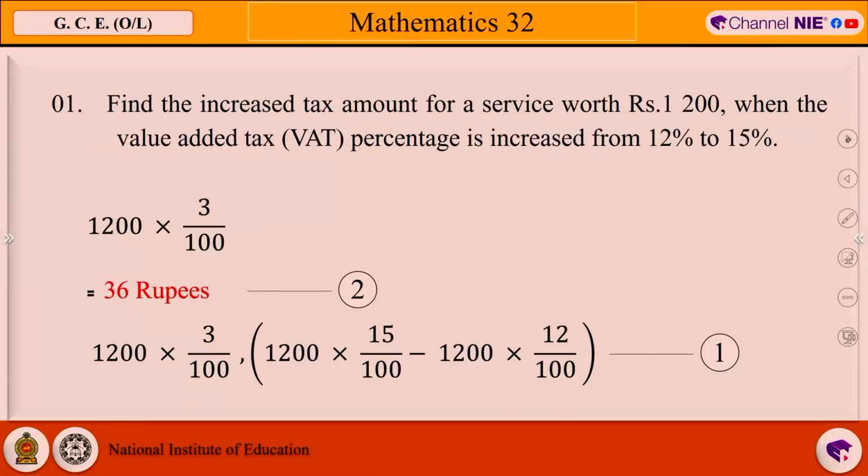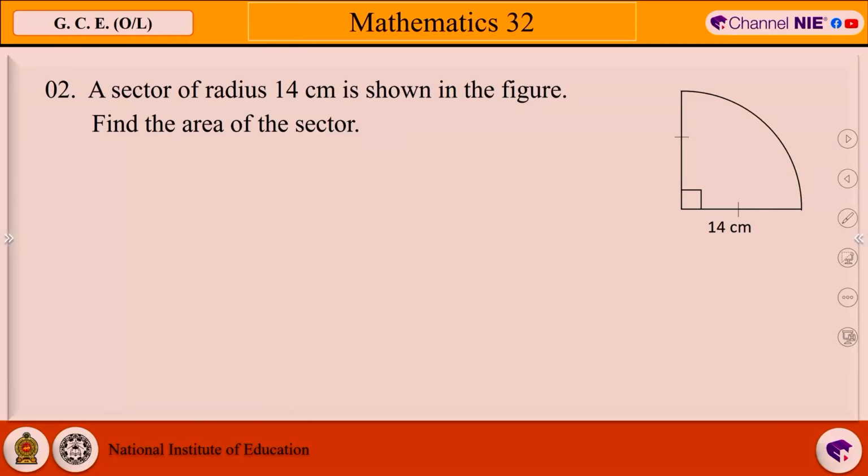Second question, it's under the theme of measurements. A sector of radius 14 centimeters is shown in the figure. Find the area of the sector. It's a quarter of a circle, isn't it? So, you can easily find the area of this. It's 1/4 of the area of a circle. The area of a circle is πr squared.